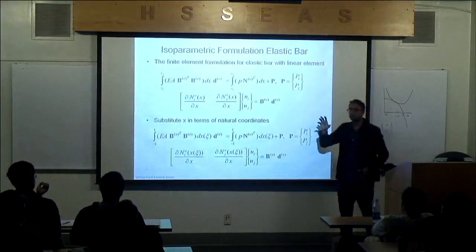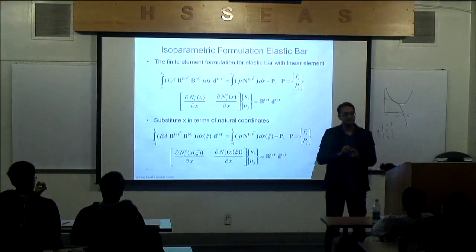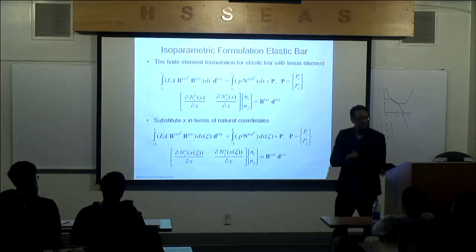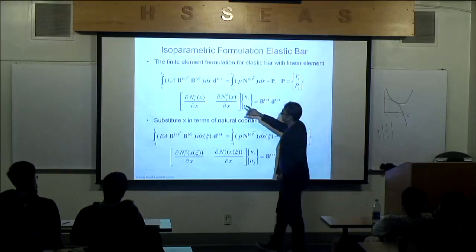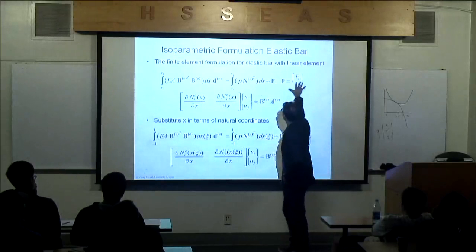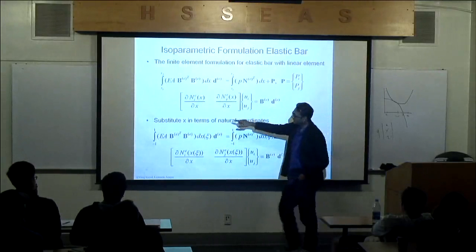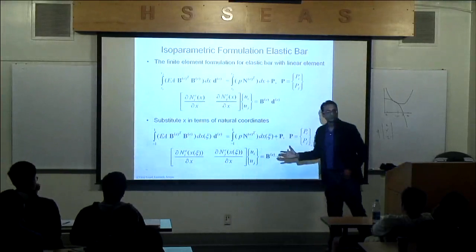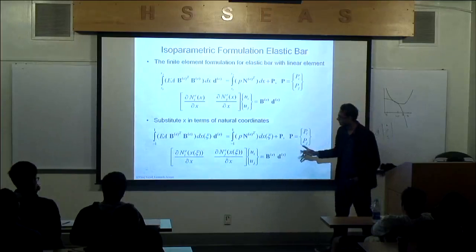Everybody remembers in school how to change the limits of integration? All you did was substitute. In our case, we're doing that change of variables. So when I substitute x as a function of c everywhere here, now my integrals go from minus 1 to 1. Very simply stated.